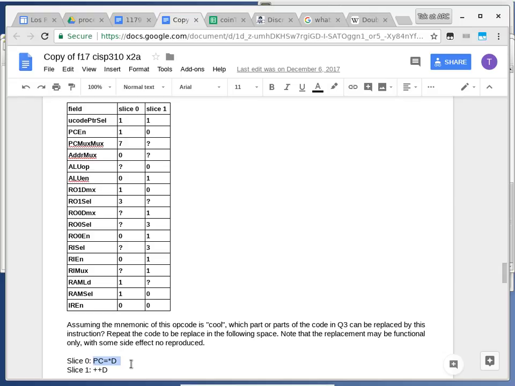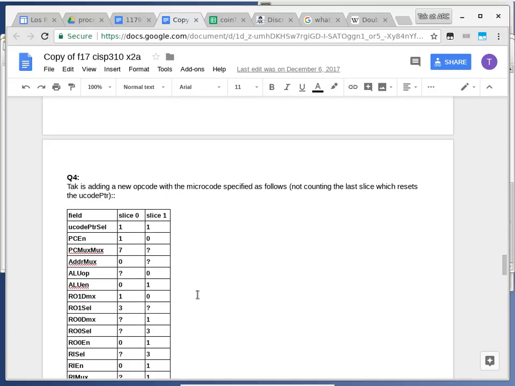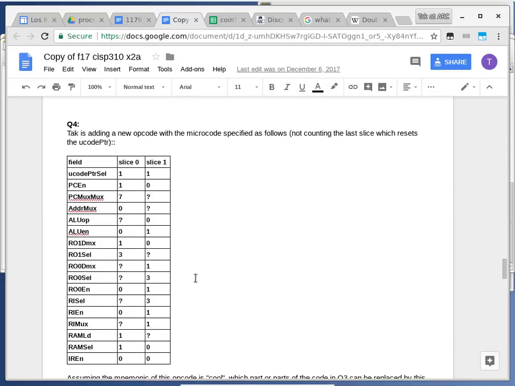The second slice, since I scrolled a little bit too much, is just incrementing D, which also means if you look up the pattern of increment, INC, it will be about the same as this without the question marks. I cannot specify a question mark as a bit, but in a picture like this, I use a question mark to say it doesn't really matter what it is.